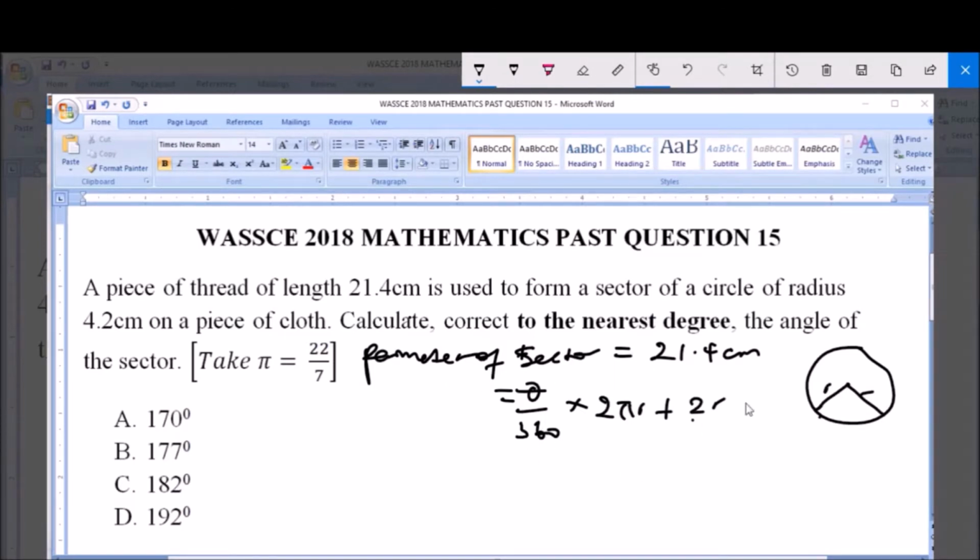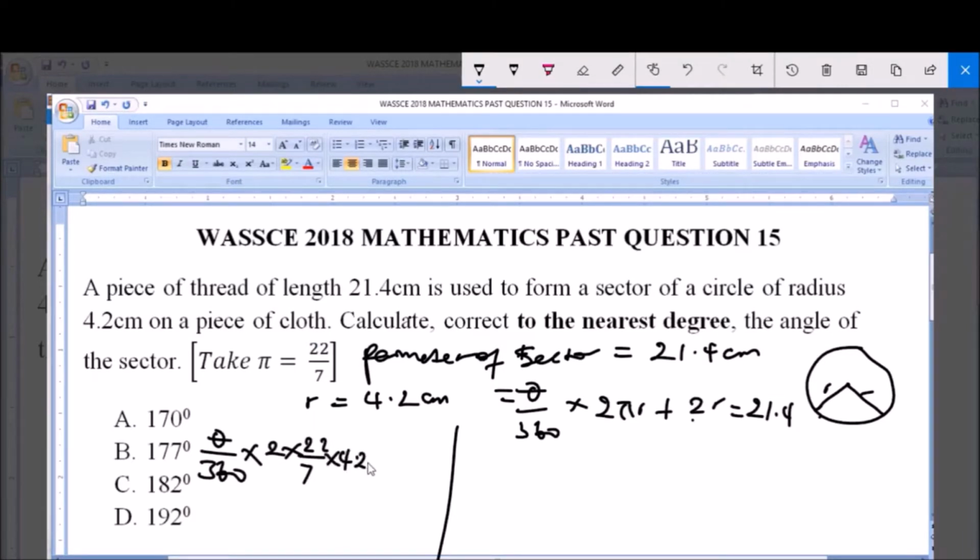So from this we can now say this is equal to 21.4 centimeter, and we're given that the radius is equal to 4.2 cm. So with this, we can find what? We can find the angle of this sector, which is theta. So we have that theta all over 360 multiplied by 2 times 22 all over 7 multiplied by 4.2 plus 2 times 4.2 is equal to 21.4.